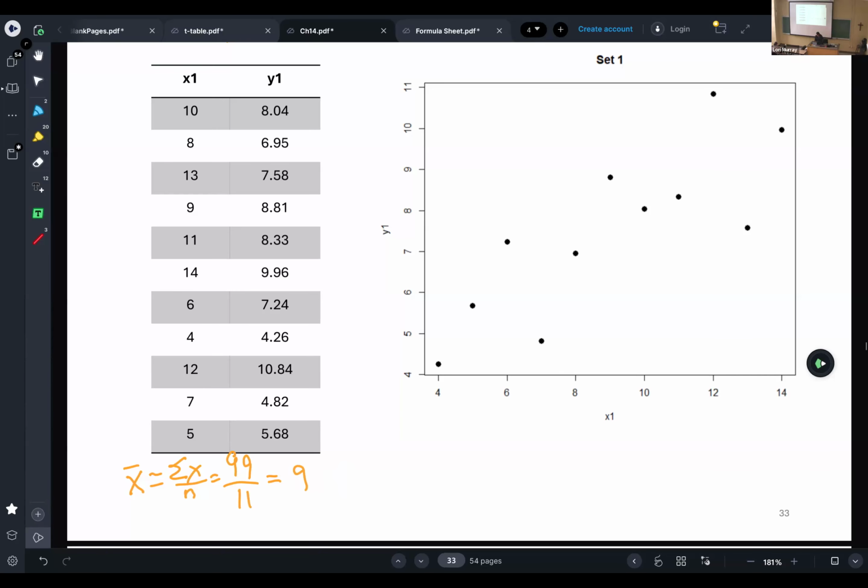Okay. And we want to do similar for y, which is the sum of the y's over n. Sum of the y's, I get 82.51. Let's verify that too.